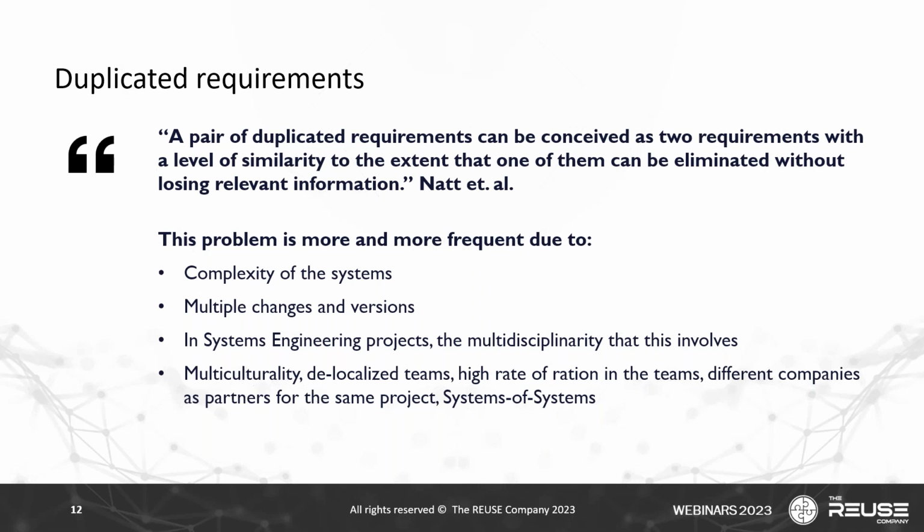And of course, when it comes to multiculturality, delocalized teams, high rate of rotation in the teams, different companies as partners for the same projects, the development of a system of systems, iterating different systems, just to provide an extra number of characteristics altogether. So all these aspects make it more difficult to control the existence of duplicated requirements.